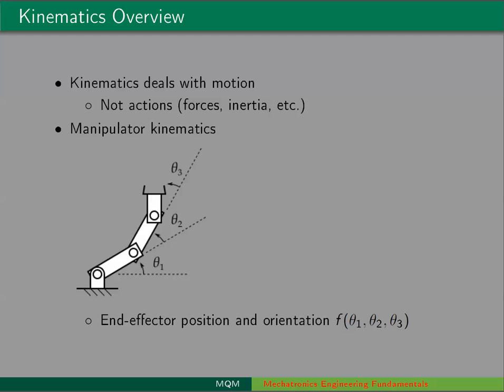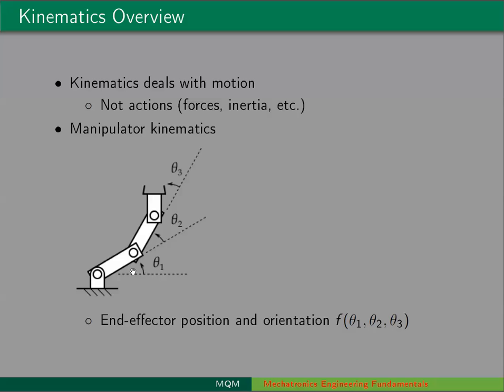In robot kinematics, the field of manipulator kinematics is well established, and this figure shows an example of that. We have here a 3-revolute manipulator. We have 3 joints, and the position and orientation of the end effector is specifically determined by the values for the 3 joint angles.